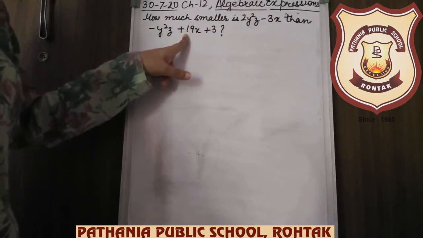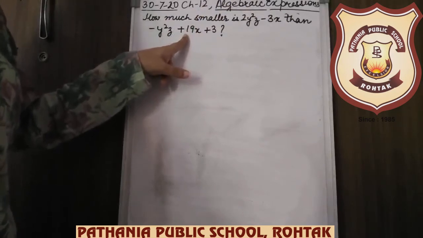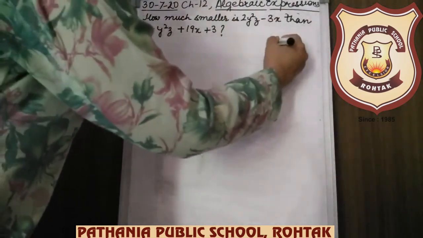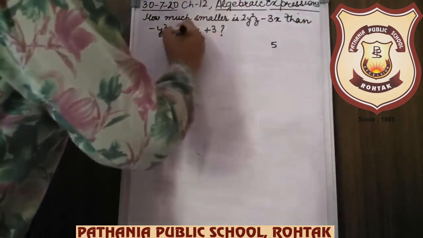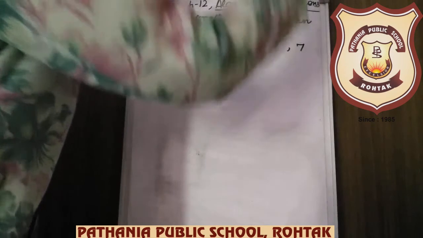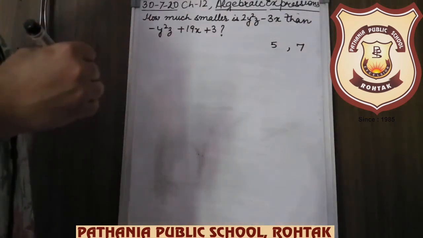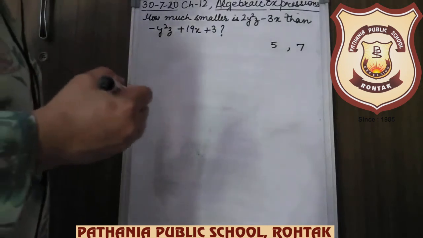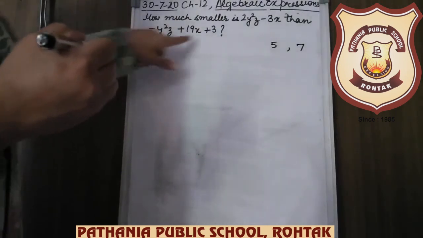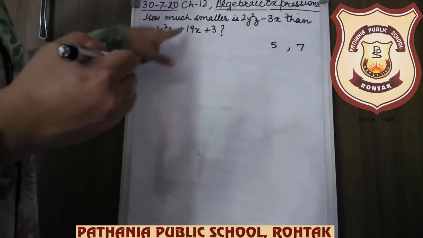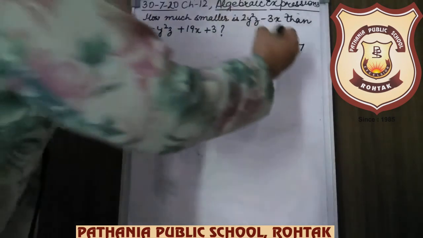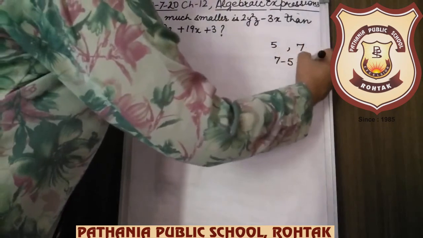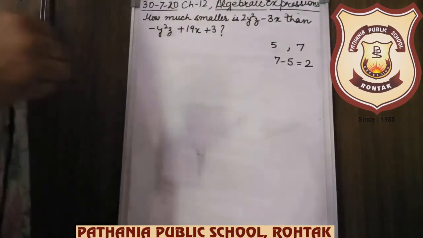How much less is 5 than 7? I am saying how much 5, and after this I am writing 7. So what will you do? You are comparing with this. How much smaller is this? So I will subtract 7 minus 5, that is 2.